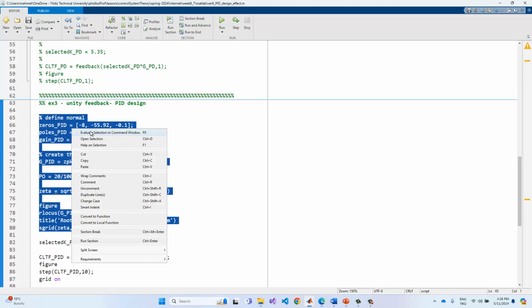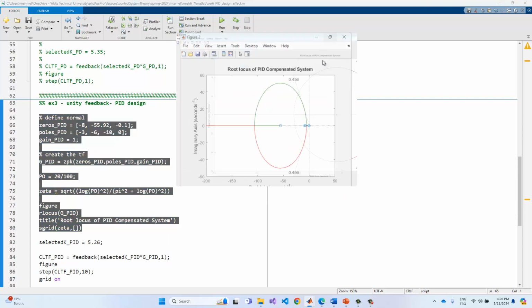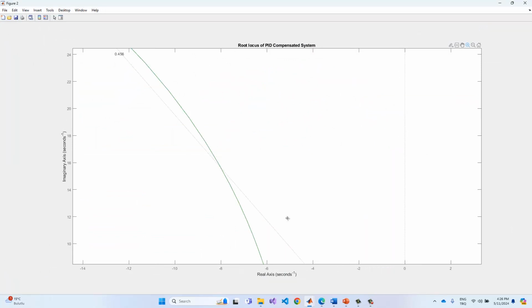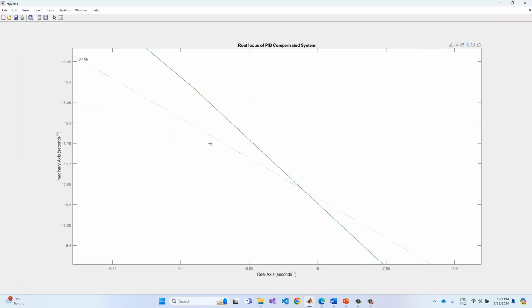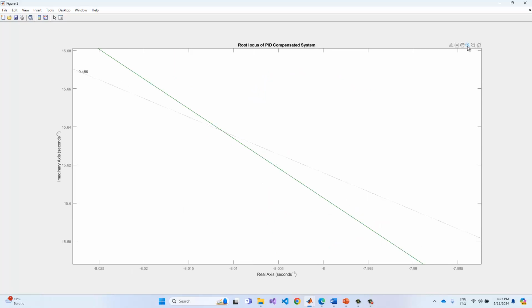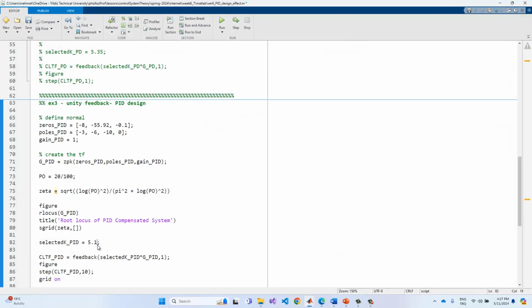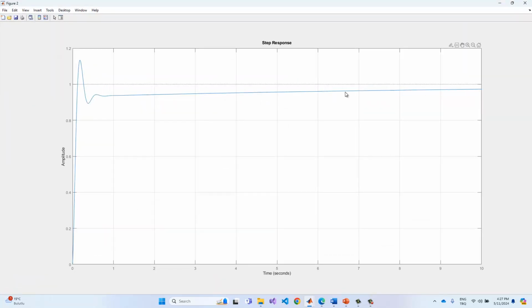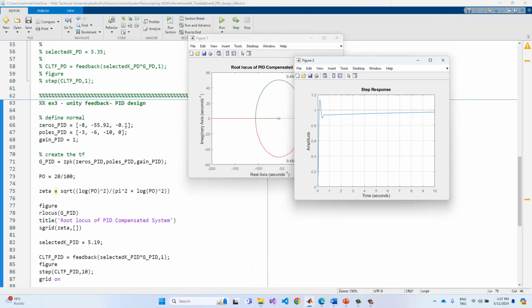And so if I rerun this code for the PI parameters, then the new coefficients must be given in here, 5.19. Okay, 5.19. If I rerun this code, we will get to the time of 10 seconds, the parameters in here, right?